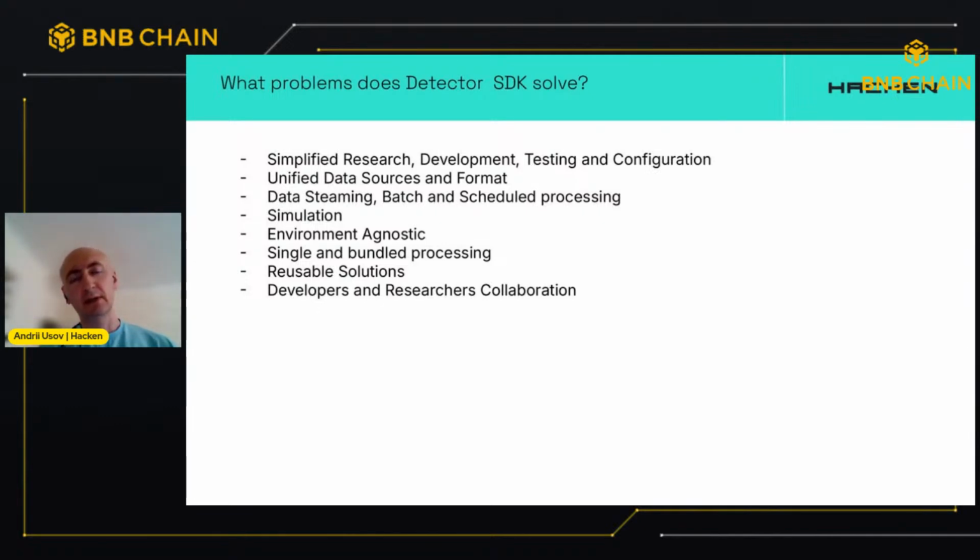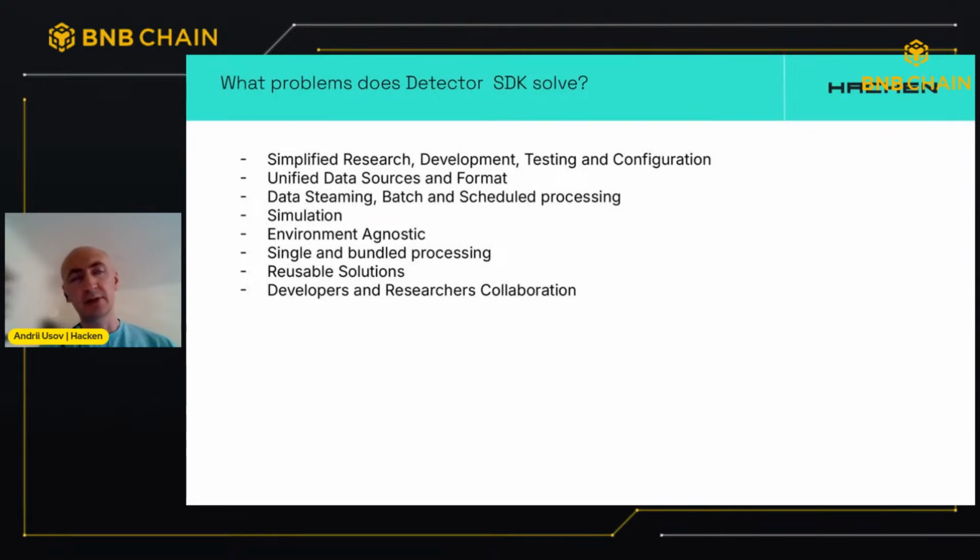As a part of Hacking infrastructure, and I will discuss this later, we simplify the data sources needed for working with attack detection by unifying data sources and formats. The SDK supports different data channels like streaming, batch processing, or scheduled processing, when we need to periodically run short-term runs.